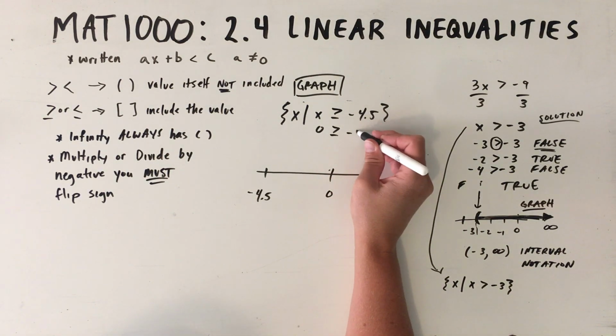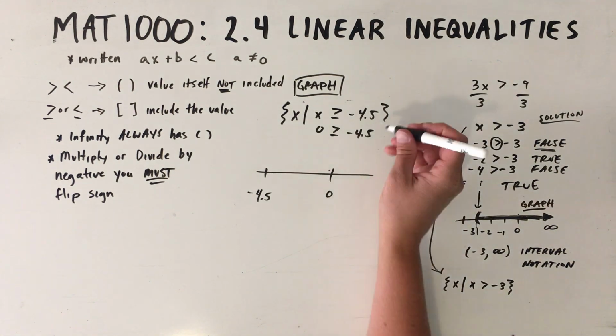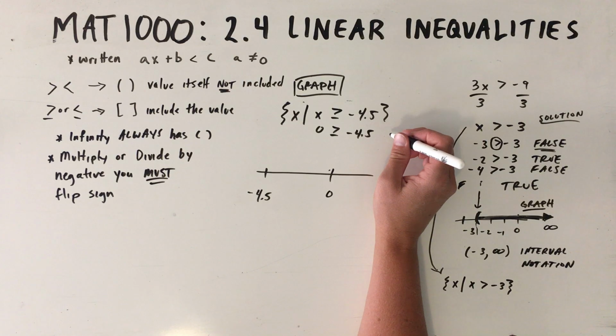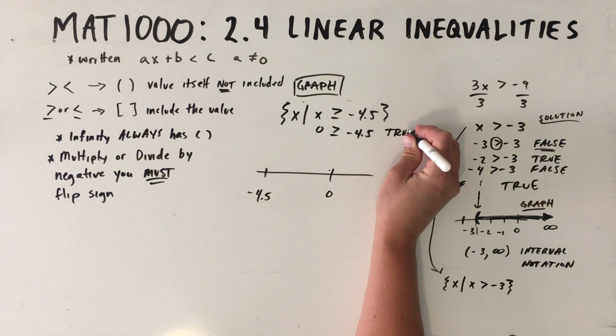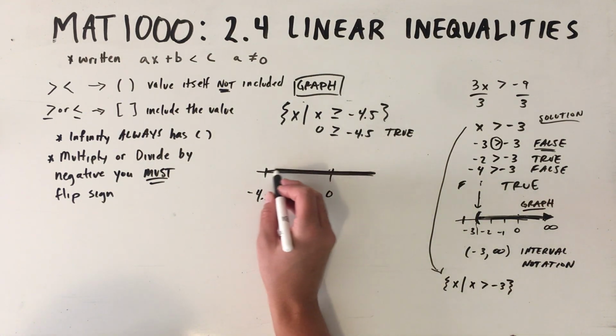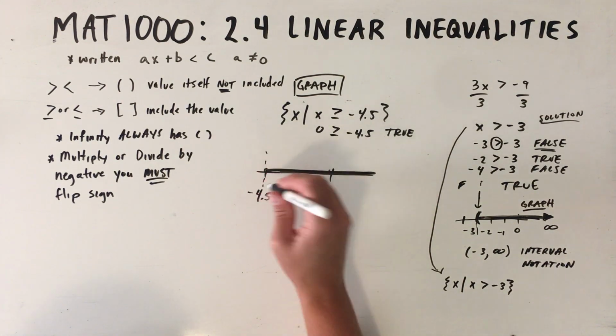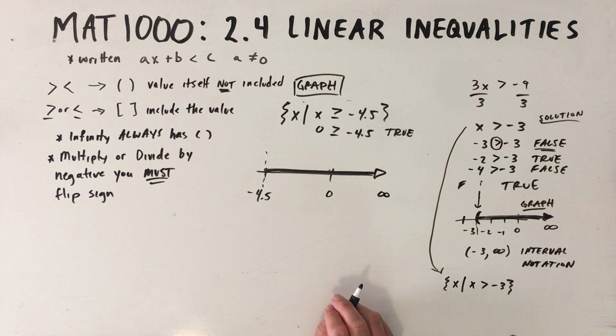0 is greater than or equal to negative 4.5. This is a true statement. So I am talking about all of the values on this side of my imaginary line here. This is approaching positive infinity.